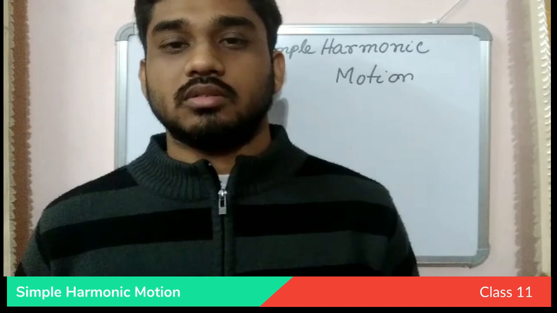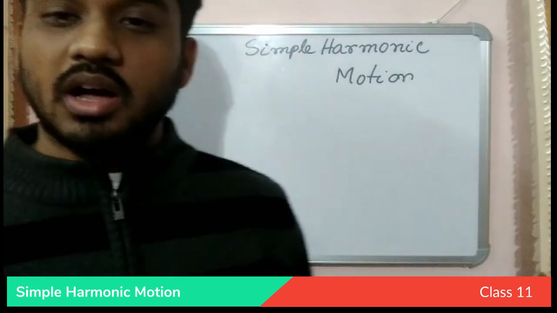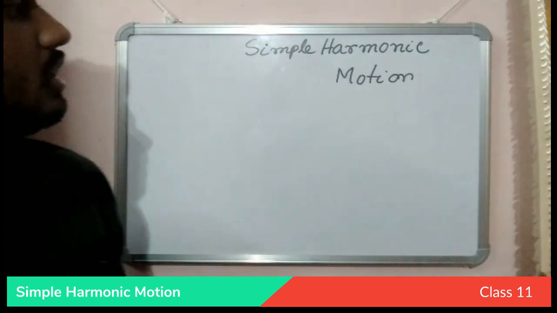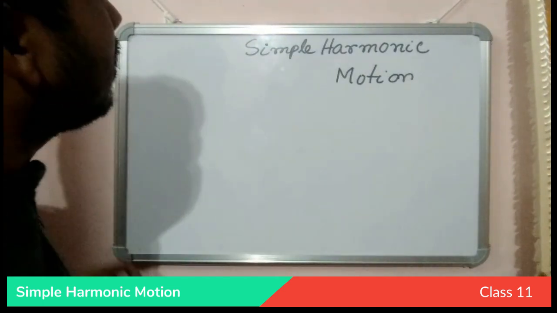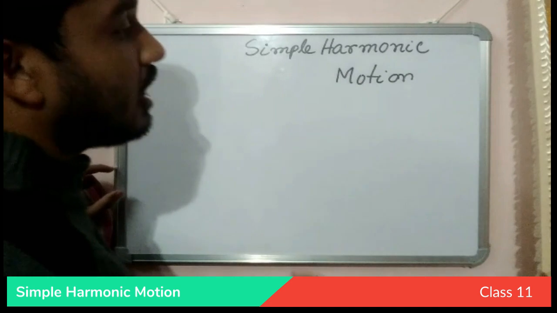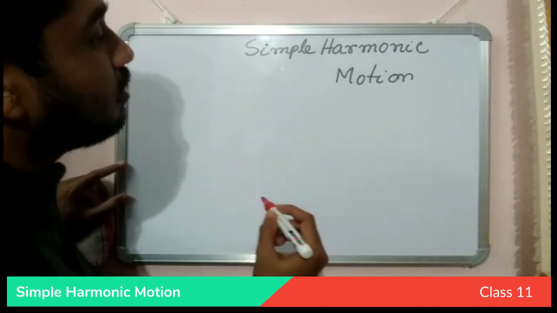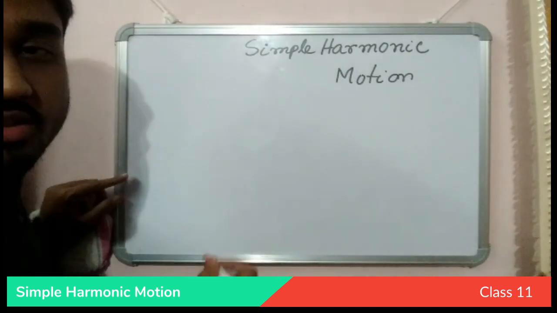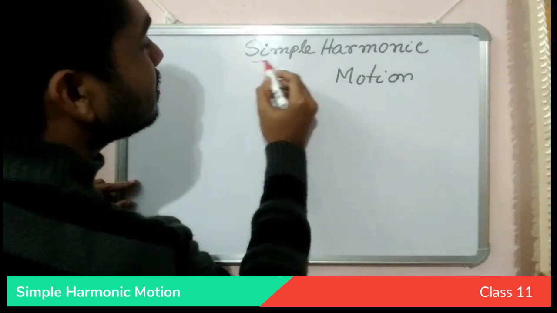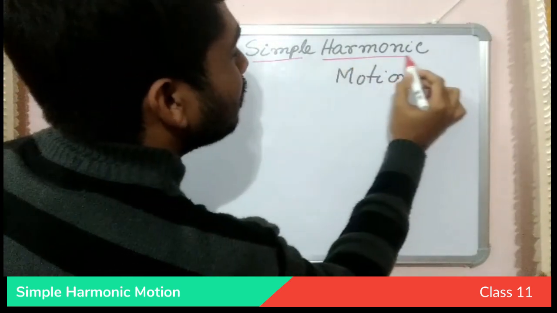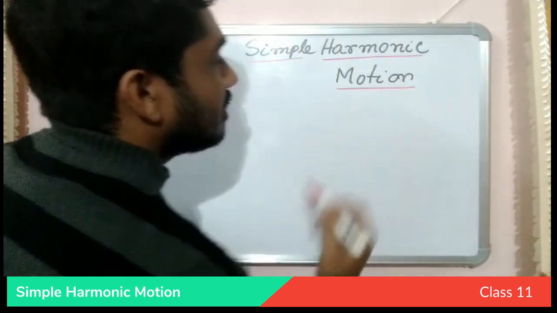When we are starting our study of simple harmonic motion, the term I have written in bold. There are three words from the English language: one is simple, another is harmonic, and there is motion.